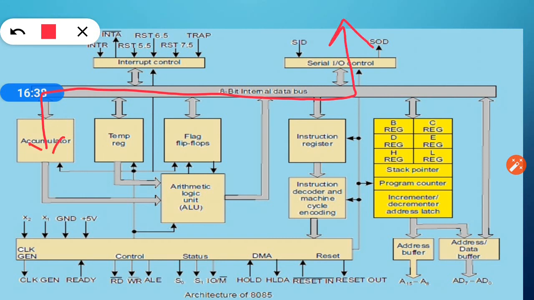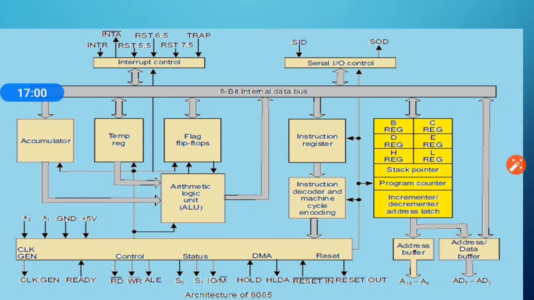That means we can receive data from the outside world, or we can send data from inside to the outside world of the microprocessor. This is performed by this serial IO control block. Data is transferred serially, meaning one bit at a time, with bits transferred one after another. So these are the three functions of the accumulator: performing arithmetic and logical operations, performing load and store functions, and performing IO operations.